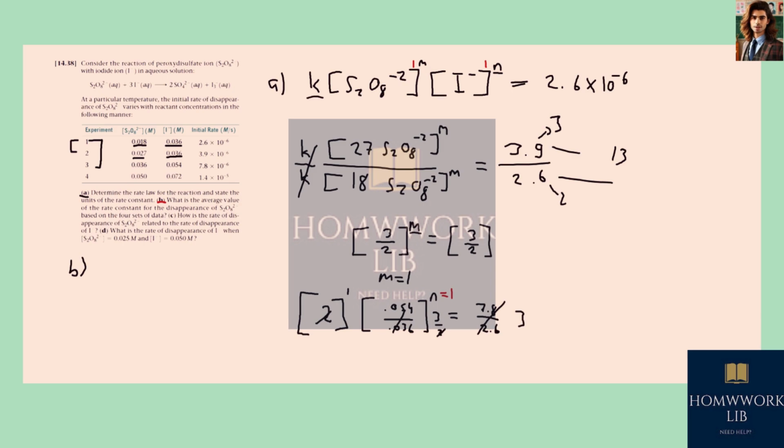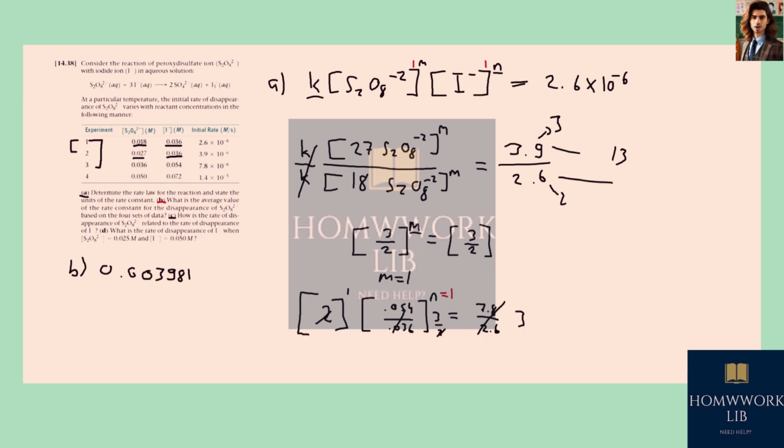So we're going to get a k value. We're going to do that for all 4, add all of them up and divide by 4 to find the average value, and we are going to end up with 0.003981.